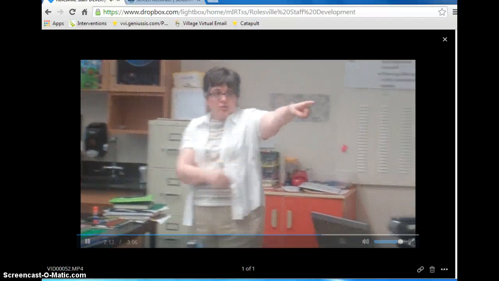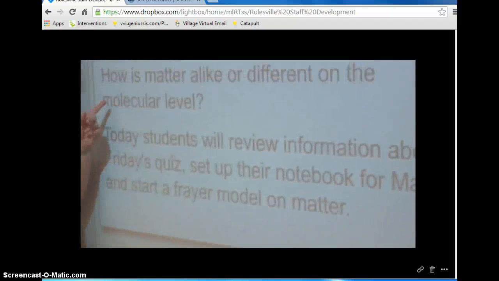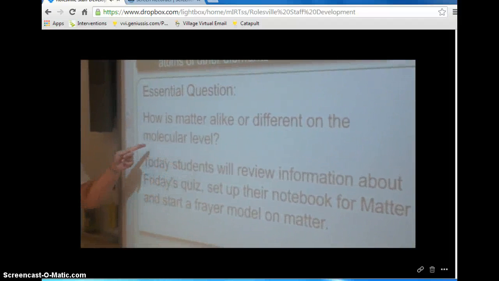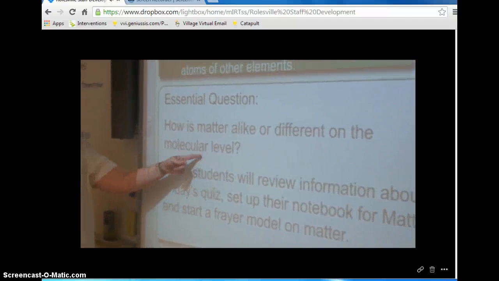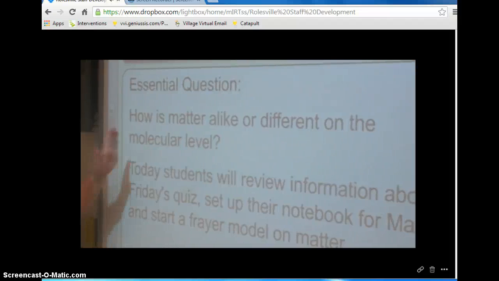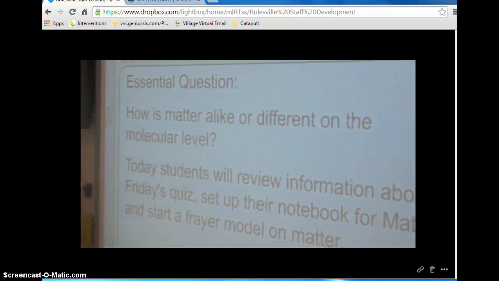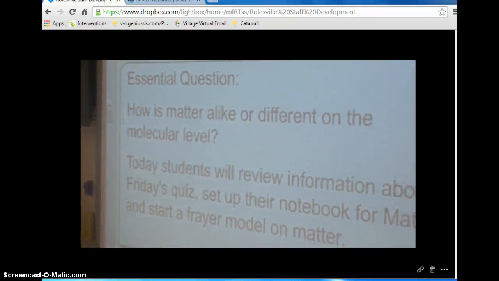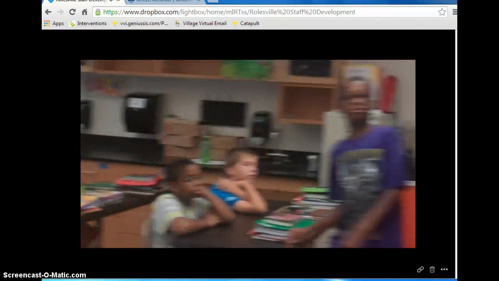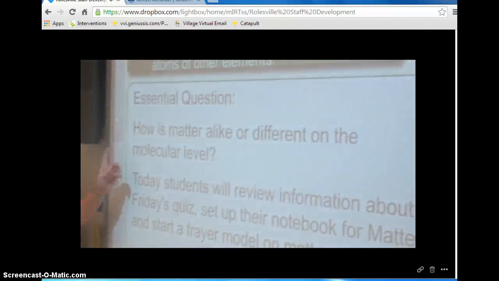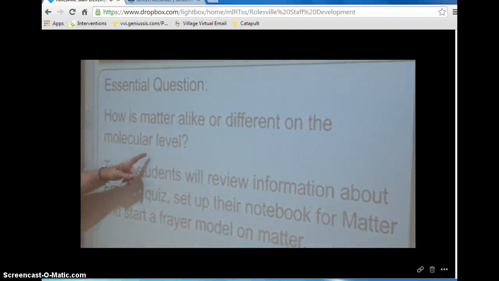Now, look at the essential question here. Okay, this is our most challenging word in the essential question. First of all, see if you can find a base word or a root word in this word right here. A base, and it's not mole, I'll tell you that. A base word or a root word? Oni. Molecule. Everybody look for molecule in here. But this word is not pronounced molecular.